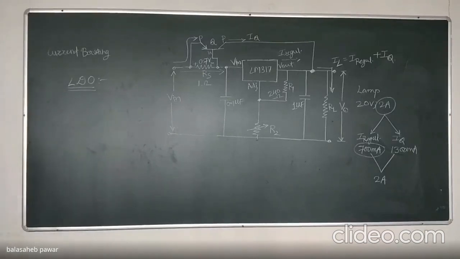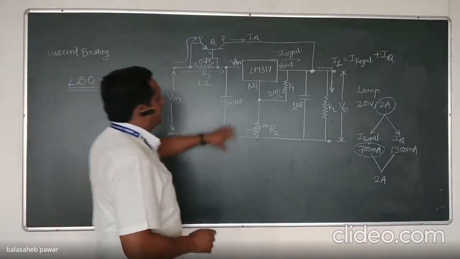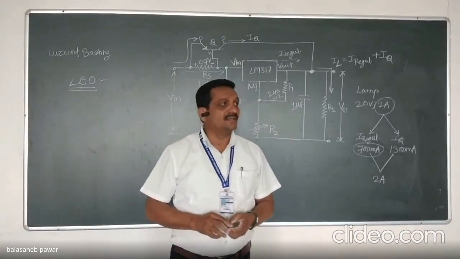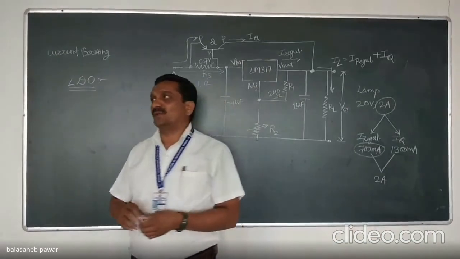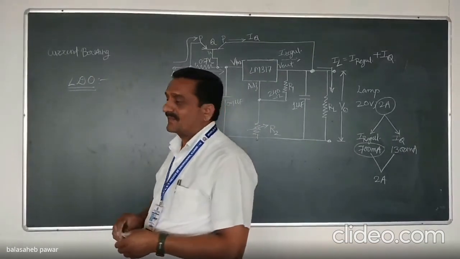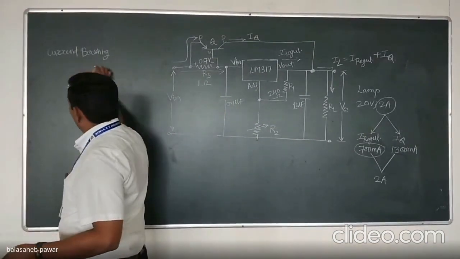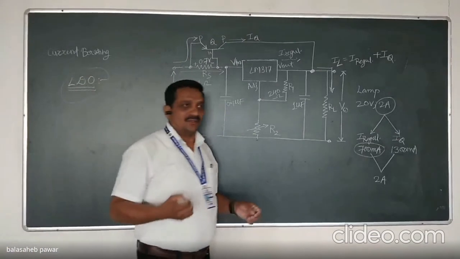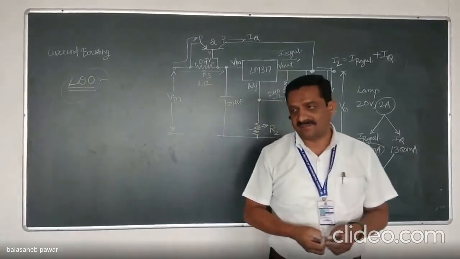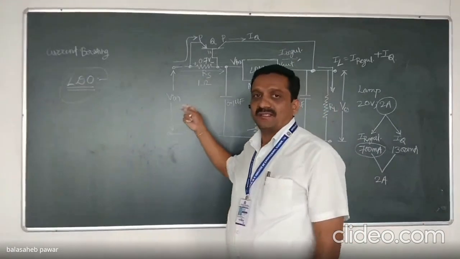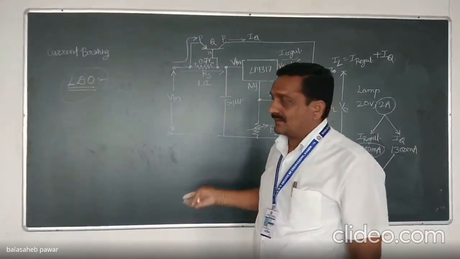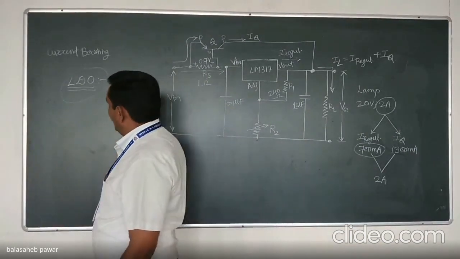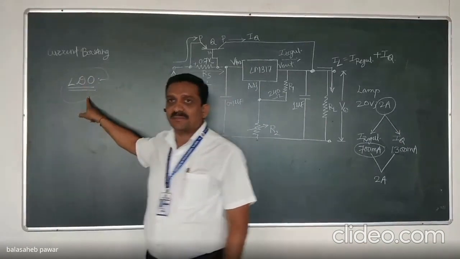To minimize the power drop or voltage drop across these regulators, another type of regulator is also available to minimize the wastage of power, which is known as low dropout voltage regulators, and its abbreviation is LDO. Across that LDO, there will be a voltage drop of only a few millivolts. So as compared to these high dropout voltage regulators, the wastage of power due to the regulator IC will be very, very less if we prefer LDO, that is low dropout regulators.